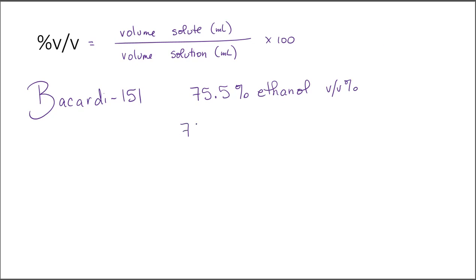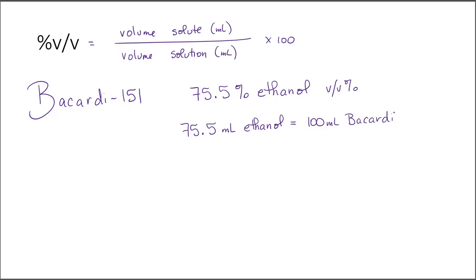That means that there's 75.5 milliliters of straight ethanol, the booze that you can drink, in every 100 milliliters of Bacardi. Because there's other stuff in there, right? I think this is a common misconception: even vodka, any liquor that you buy from the store, is not 100% ethanol.